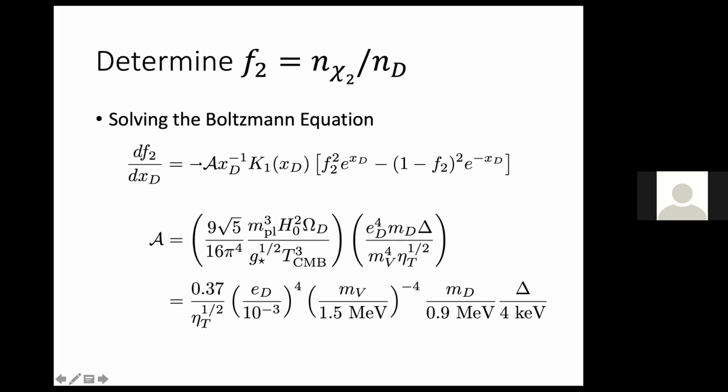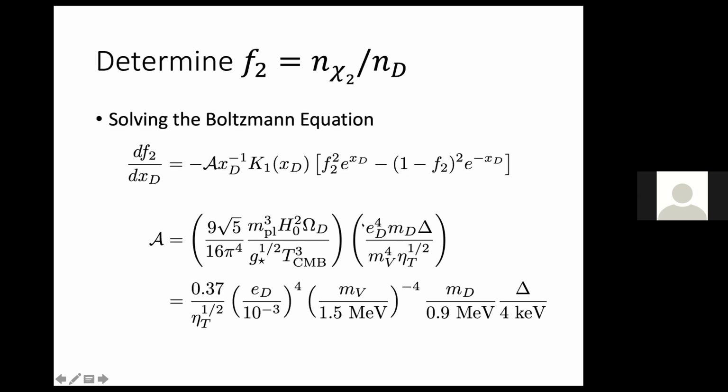And so this capital A just includes all the factors in this process. Basically, the first factor here collects all the information of the evolution of the universe, okay, such as here. And the second factor includes all the particle physics information.